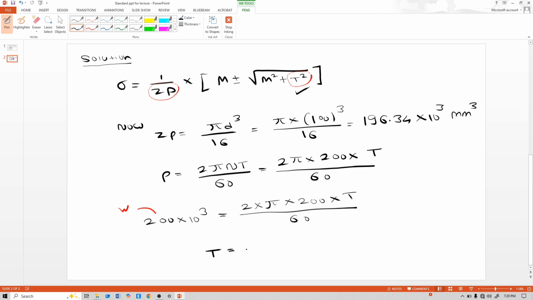It is 9549.3, and the unit is Newton meter. Remember, always remember, this is important. When we put watt in the power formula, then torque comes in Newton meter.